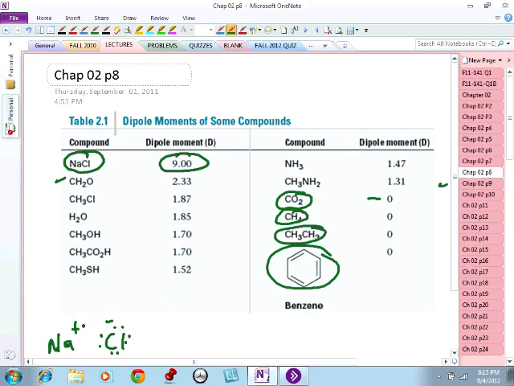If you take a look at sodium chloride, we have a charge of +1 on sodium and a charge of -1 on the chlorine atom. So we refer to these charges as formal charges. That takes us to the next topic of interest, and that is formal charge.